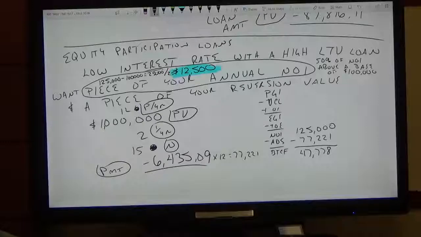It is their participation in the NOI, the income the property is generating. That's why it's called an equity participation loan, because they, in essence, are participating in the equity being generated by the property, not only in terms of operating income, but also the residual income.